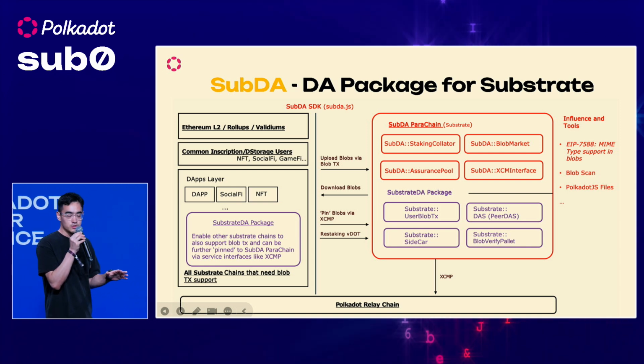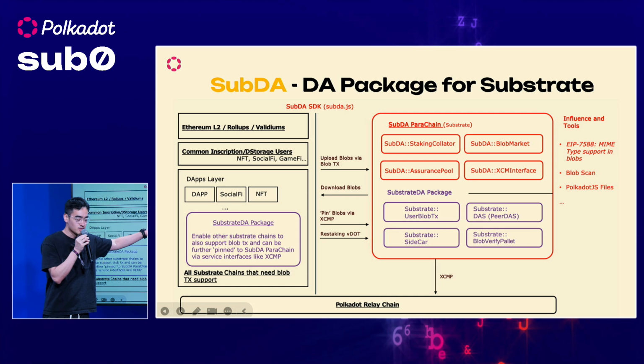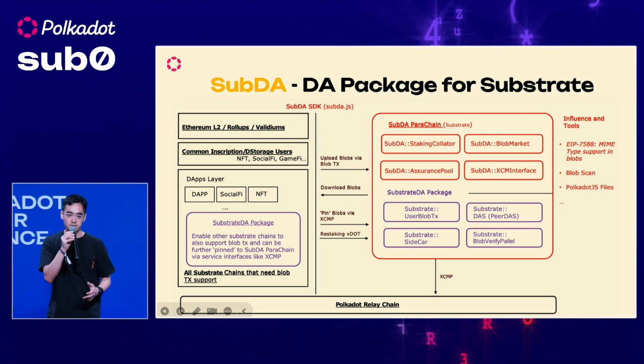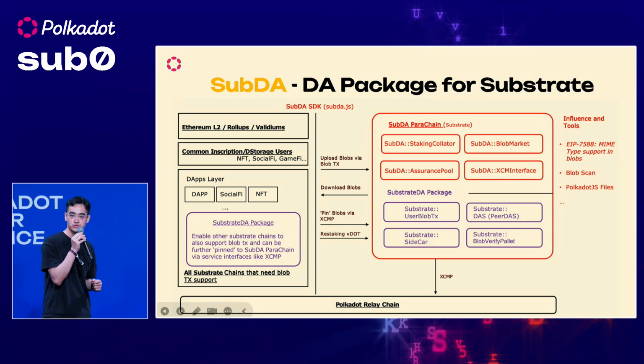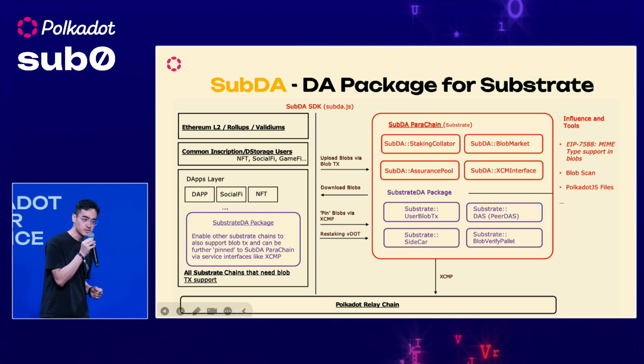But if you ask a node from the sub-DA parachain to store this data for 1 year or 2 years or even more, you are actually doing decentralized storage, just like what Crust Network has been doing for the past 2 years.